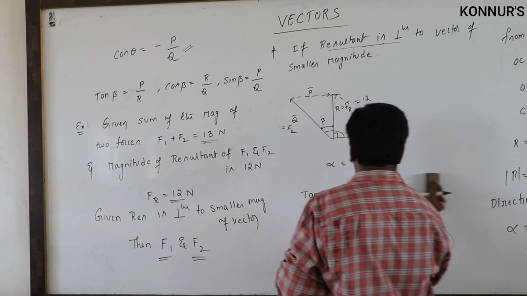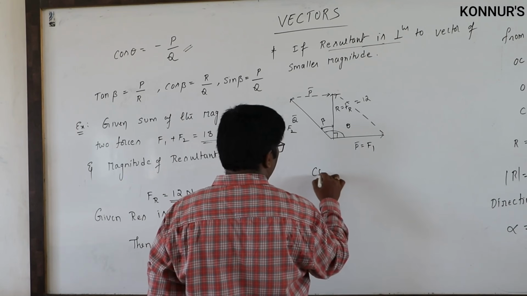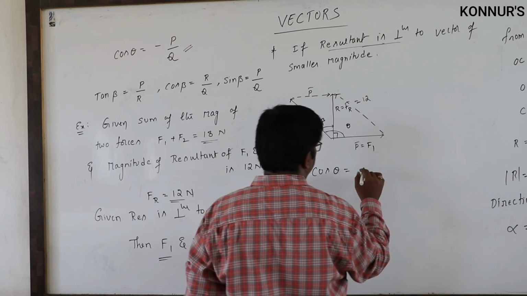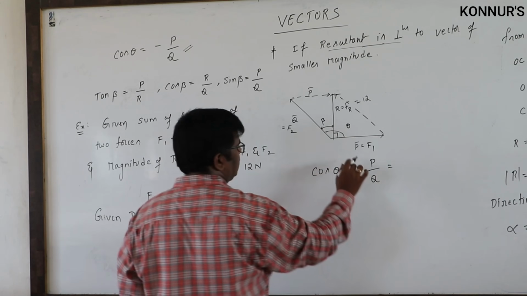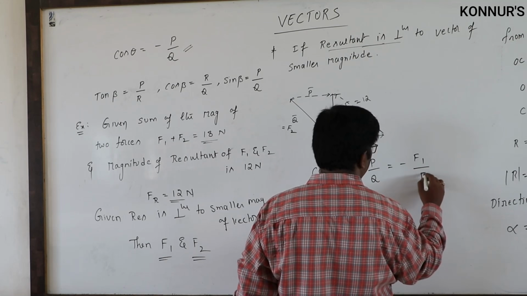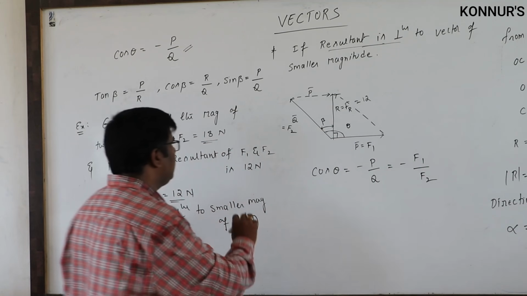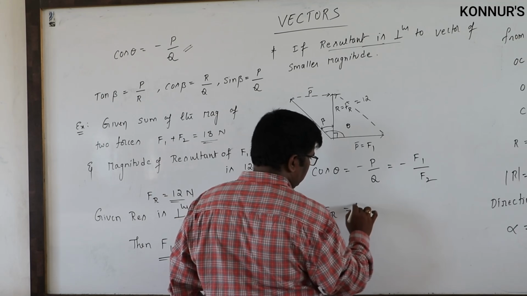Cos theta is equal to minus P by Q, which means minus F1 by F2. The given resultant is 12, so Fr equals 12.